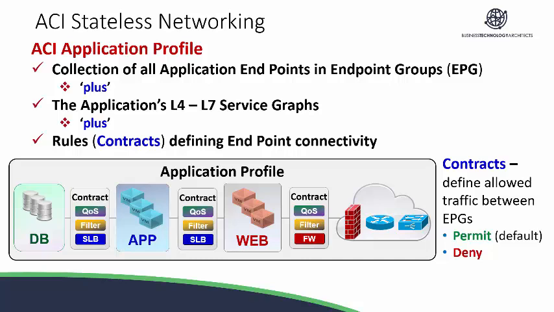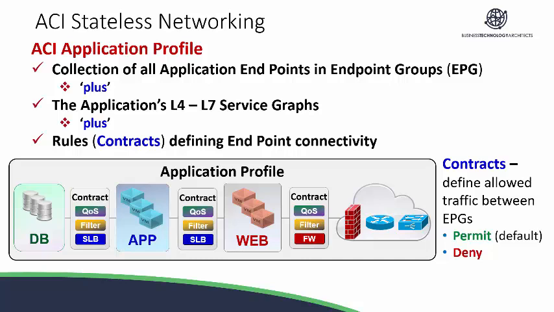So really UCS is a stateless model as well. I define everything that I want that server to be in UCS Manager, and I deploy that down to a blade. This is the same thing as an application profile in ACI. So what does that mean?